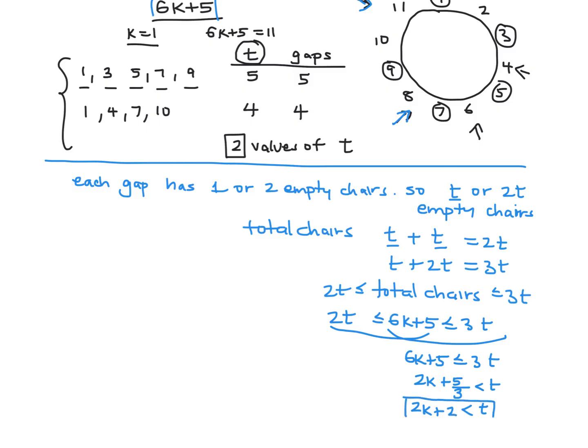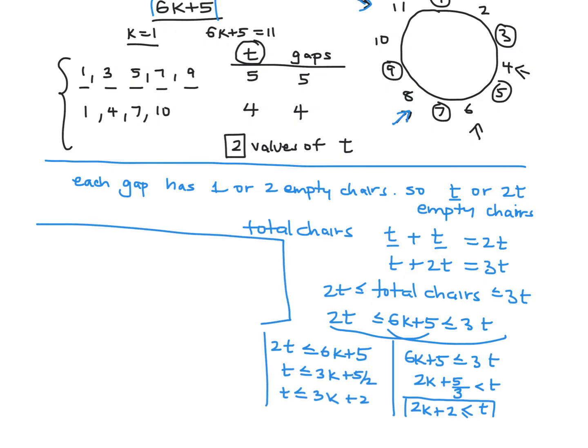And then doing the other one, 2t is less than or equal to 6k plus 5. Divide through by 2, so t is less than or equal to 3k plus 5 over 2. And I think it's safe to say that t would be less than or equal to 3k plus 2, because t is an integer.